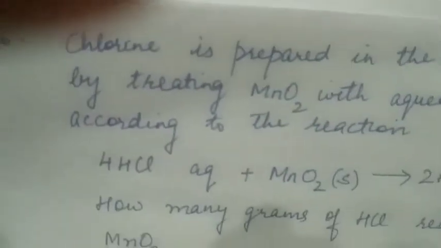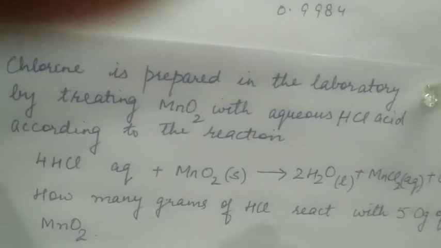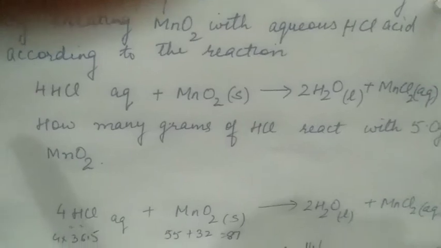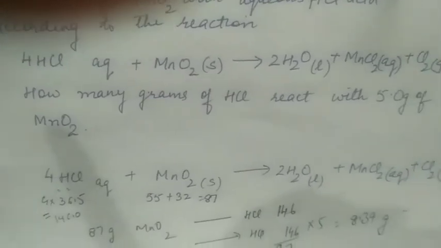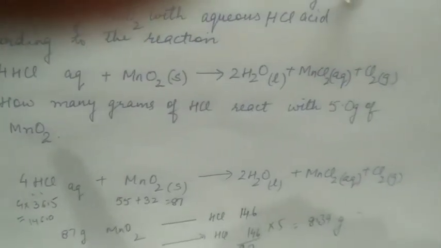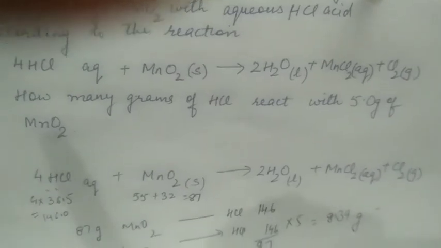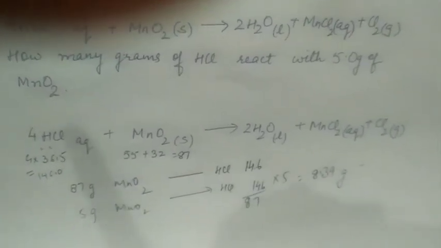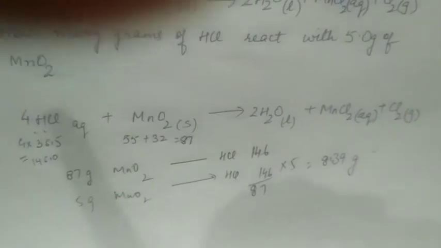Next question, chlorine is prepared in the laboratory by treating manganese dioxide with aqueous HCl. According to the reaction, 4 HCl plus MnO2 gives 2 water plus MnCl2 plus Cl2. How many grams of HCl reacts with 5 grams of MnO2?